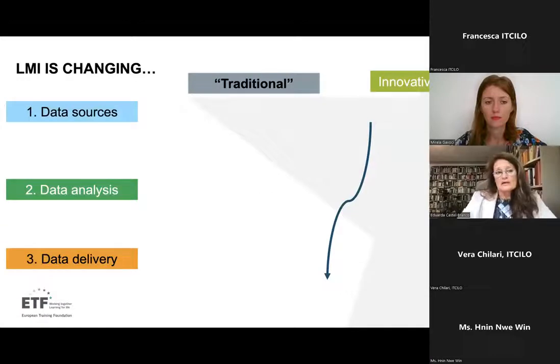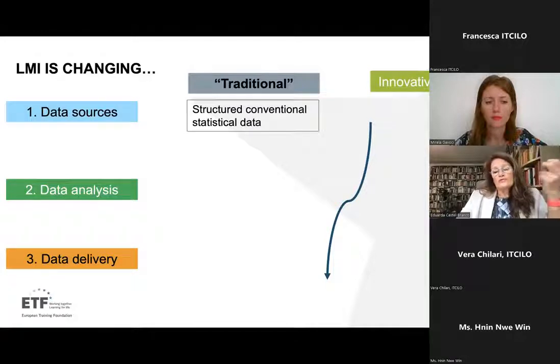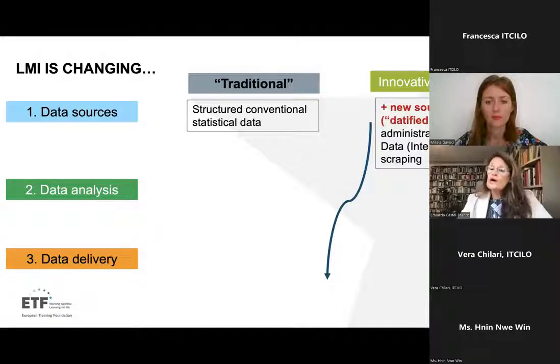Yes, labor market intelligence information is changing, both in terms of the three blocks that we see on this slide: the data sources, data analysis, and also data delivery. So from structured conventional statistical data that remains and will remain always essential, to adding new sources, because we are in this datified society. And so it is adding, it's not replacing, but adding.